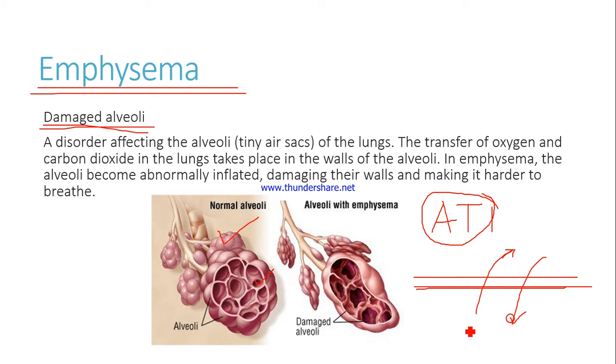So in emphysema, these type 1 alveolar cells get damaged. Okay, so you see the wall of the alveoli becomes thickened and inflated.